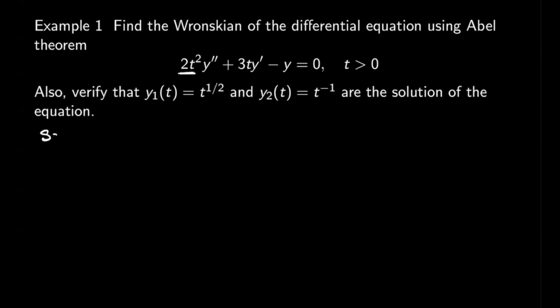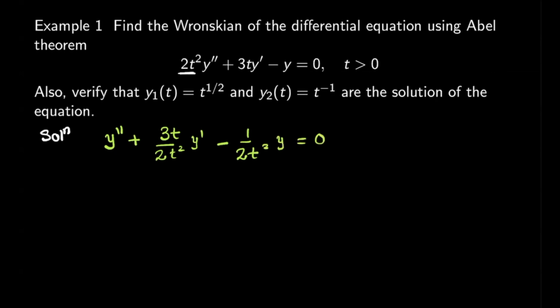Solution. So first we will write it with leading coefficient 1. So therefore y double prime plus 3t divided by 2t squared y prime minus 1 over 2t squared y is equal to 0.